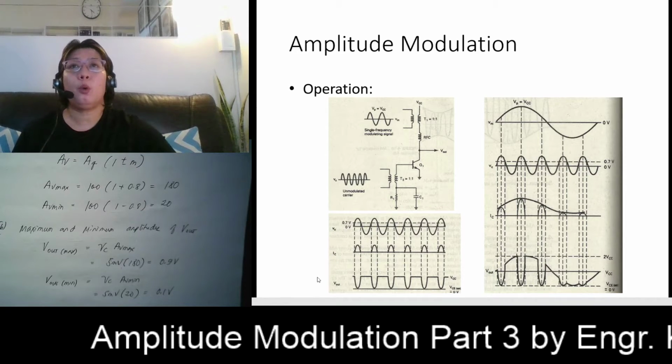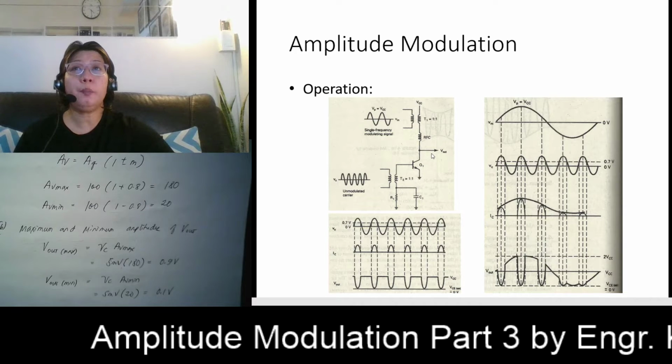So when the amplitude of the carrier exceeds 0.7, your Q1 turns on. When it turns on, your collector current, or your IC, starts to flow.